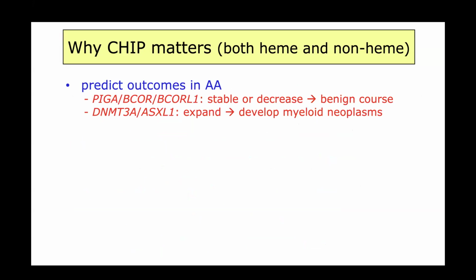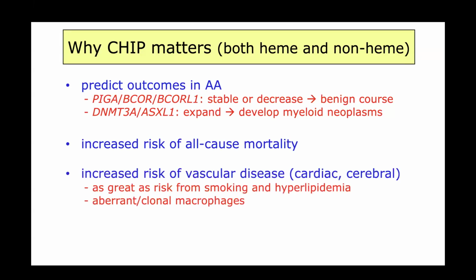DNA methyltransferase 3 or ASXL mutations tend to expand in aplastic anemia, and these patients will then likely develop a myeloid neoplasm. There's increased risk, and this is something that a lot of people have focused on more recently, a risk of all-cause mortality in patients with CHIP mutations.